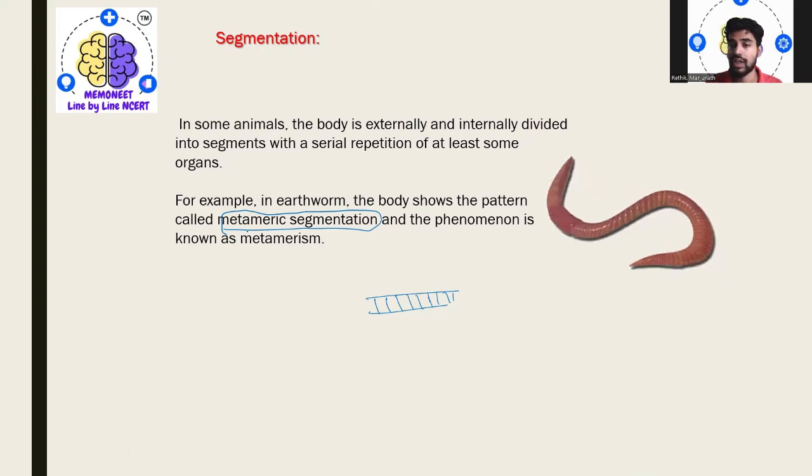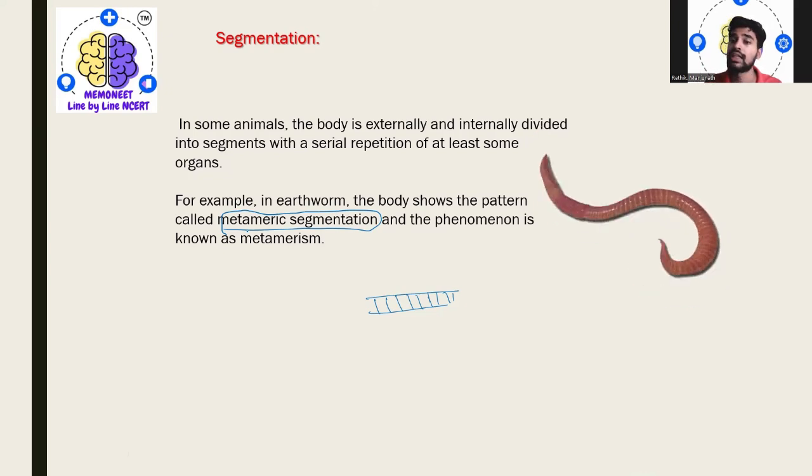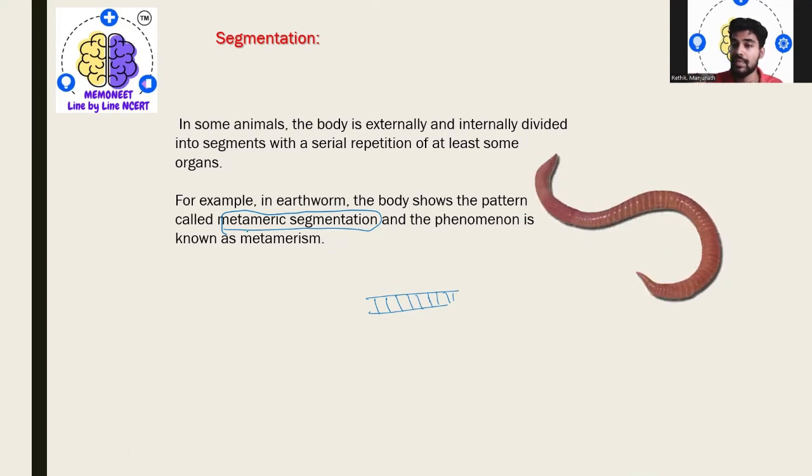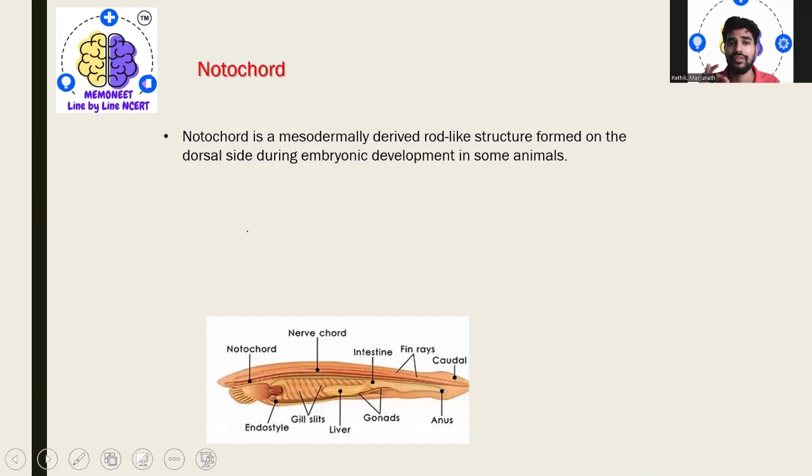Whenever we talk about segmentation, we are talking about the earthworm or any other insects or phyla, but in earthworm you can easily see the segmentation of the body. That is metameric segmentation, and the phenomenon is called metamerism. This is clear? Cool.